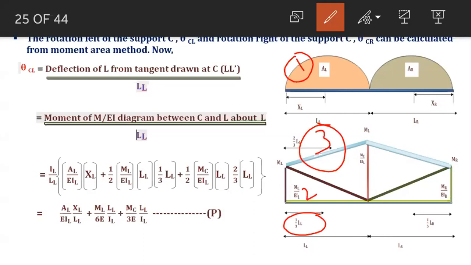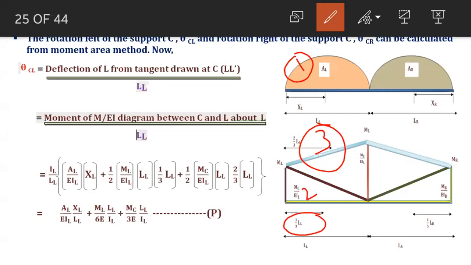Now if we modify the above equation: theta CL equals AL XL by EIL LL plus ML LL by 6EIL plus MC LL by 3EIL. So this is for the left span, theta CL.